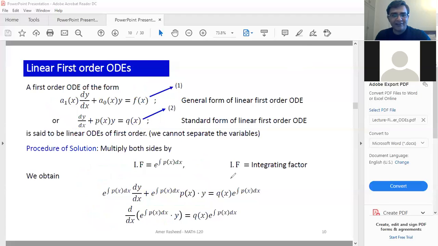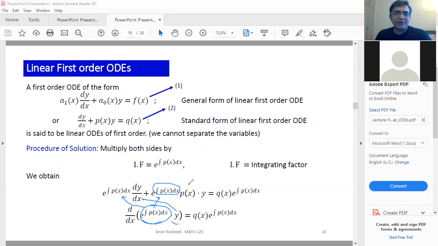You can verify it. If you take the derivative of the product of these two functions, we use the product rule: first function as it is times the derivative of the second function, plus the derivative of the first function times the second function. The derivative of e raised to the power integral of p of x dx is e raised to the power integral of p of x dx times the derivative of the integral of p of x dx.